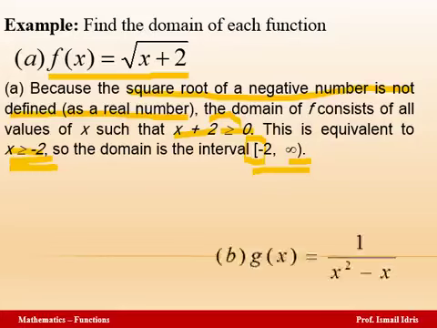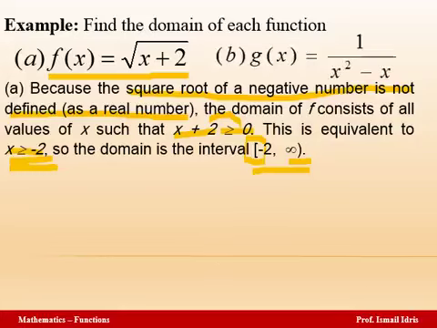The second example, find the domain of this function. For this function, we have a denominator, x squared minus x. And we know that the denominator cannot be 0. We cannot divide by 0. Division by 0 is not allowed.